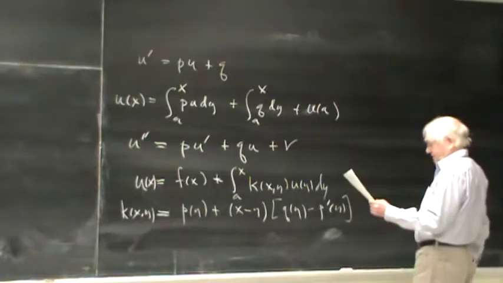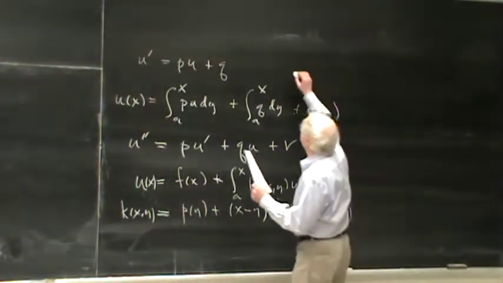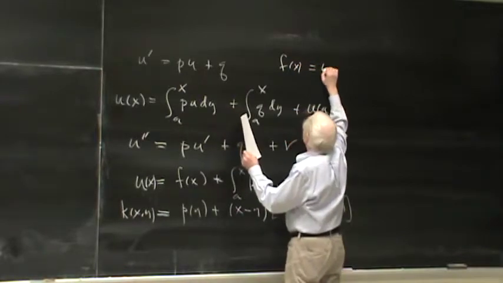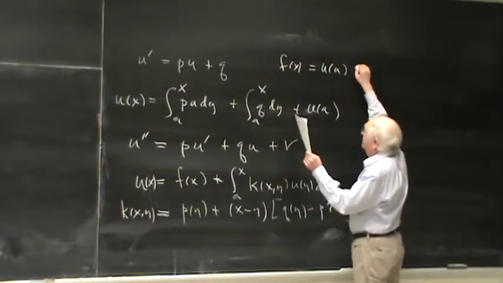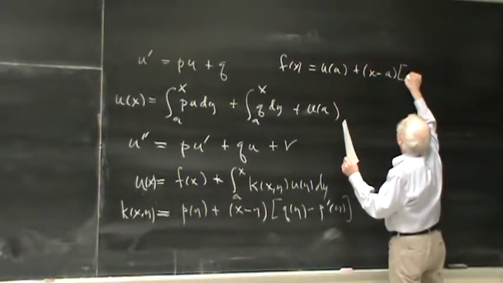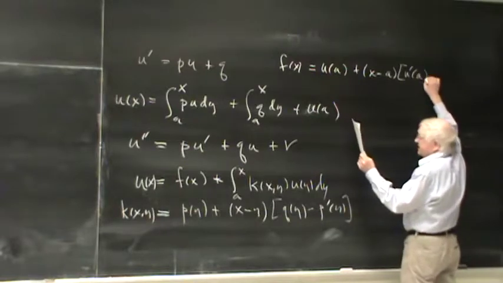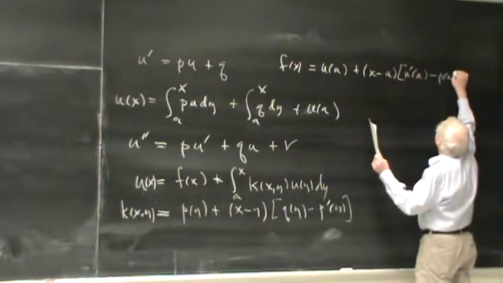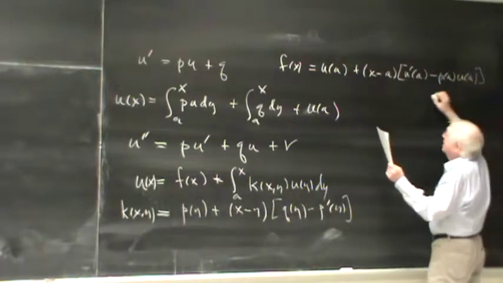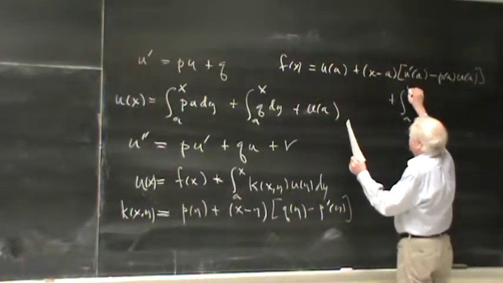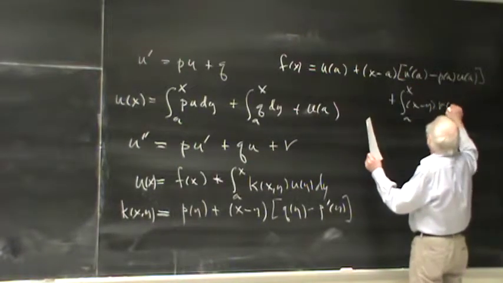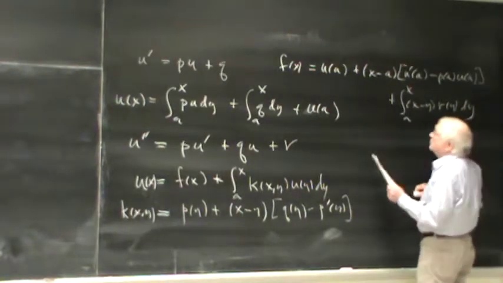And f is a little bit more complicated. f of x is a constant, u of a plus x minus a times u prime of a minus p of a u of a, plus an integral from a to x of x minus y times r of y dy.